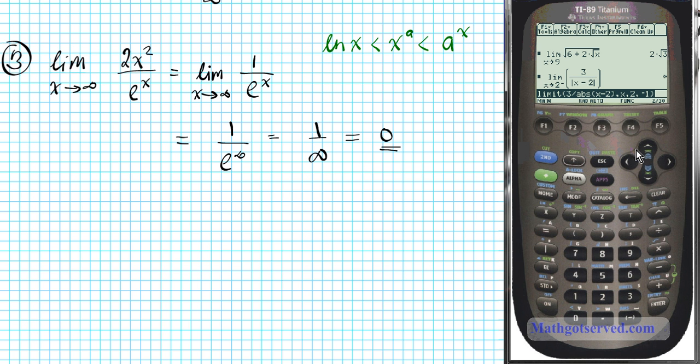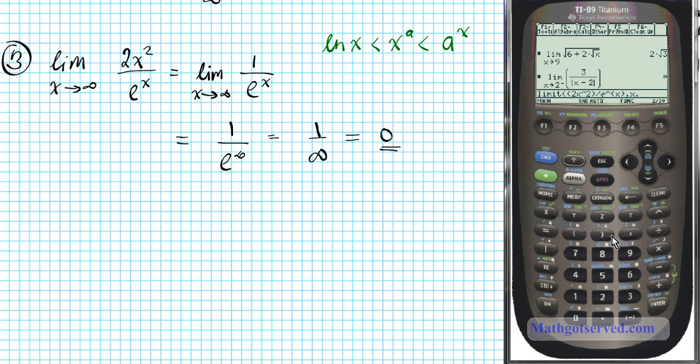Now let's use our calculator to evaluate this limit, okay? We remember what the syntax is. We'll go F3, option 3, enter the expression. We have to encapsulate the numerator in parentheses: 2x raised to the second power, divided by e to the x, and then enter the variable.